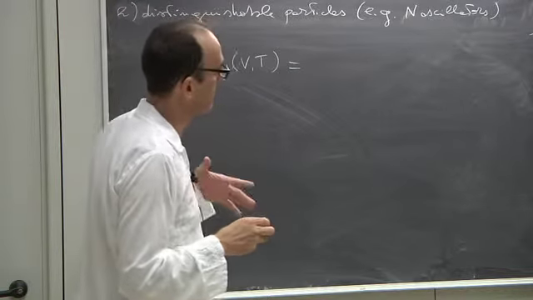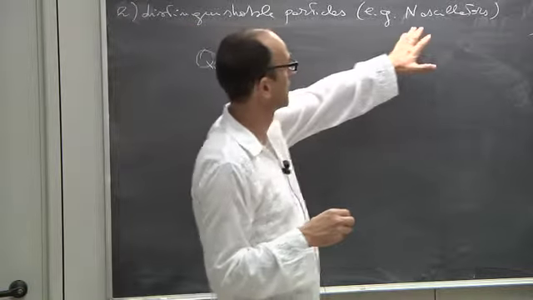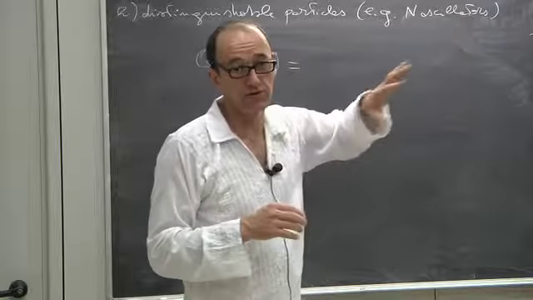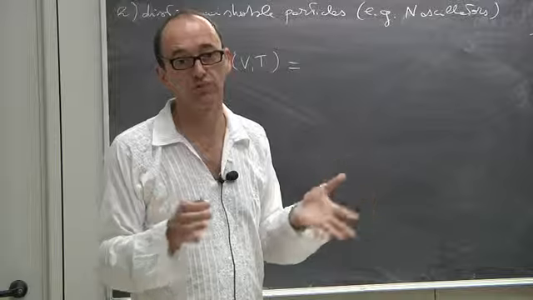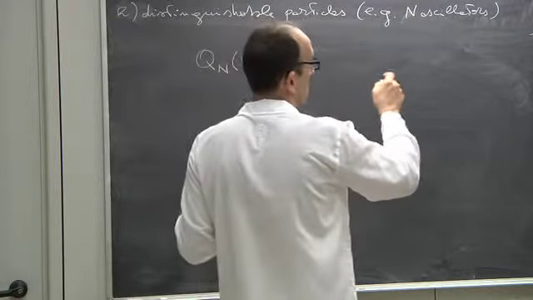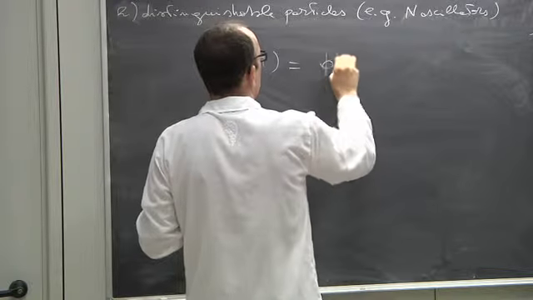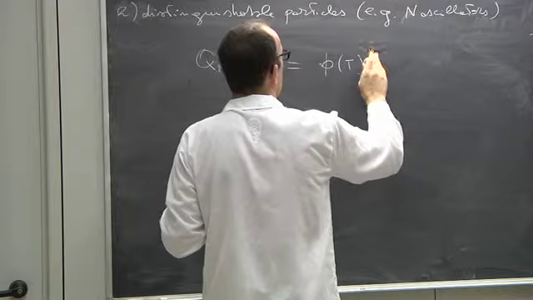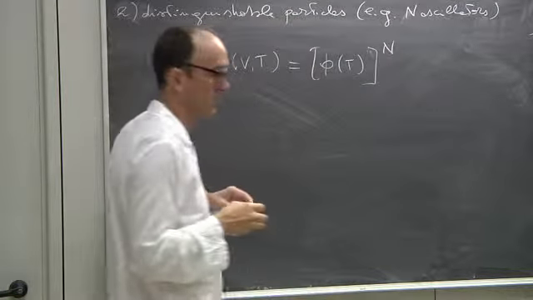And the second thing is that, in our case, if we look at this system of N harmonic oscillators, these do not move. So there is no dependence on the volume. So the partition function is just given by a function of the temperature to the power N.